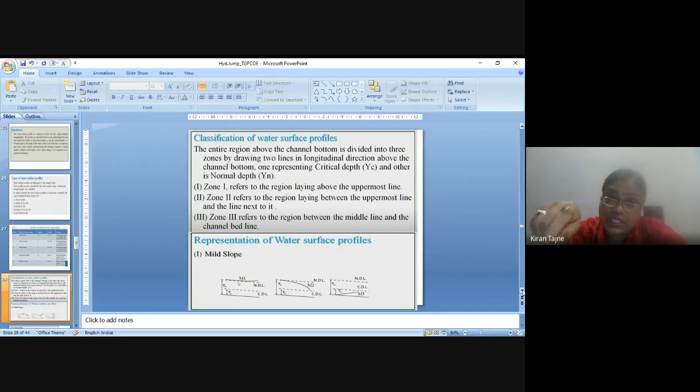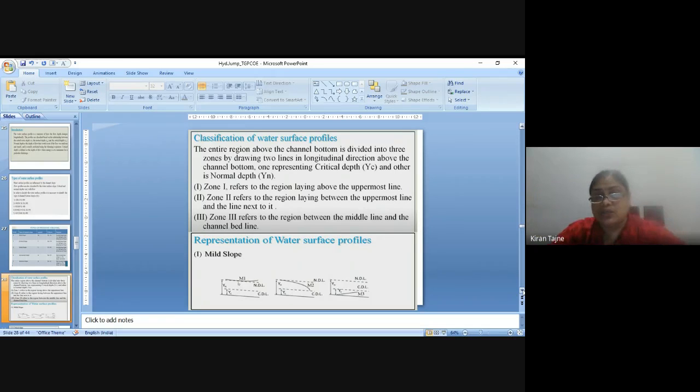This curve shows that the depth of water is reducing. So here the condition is that Yn is greater than Y, which is greater than Yc. It is M2 type of curve.